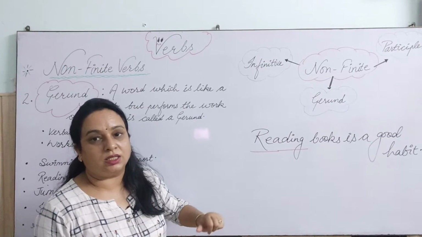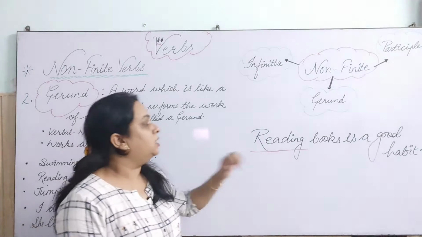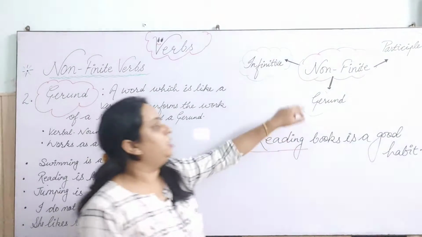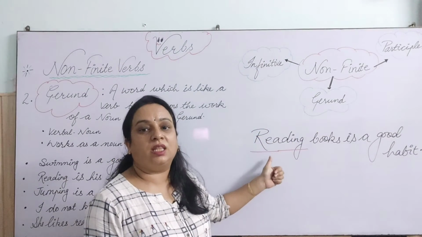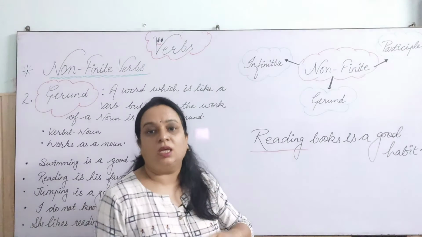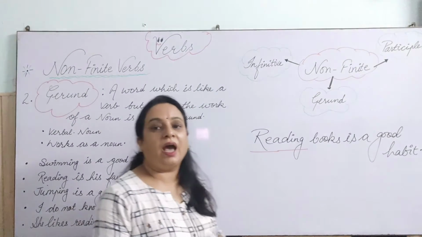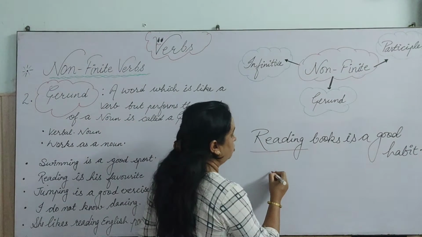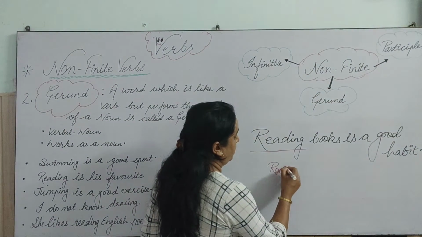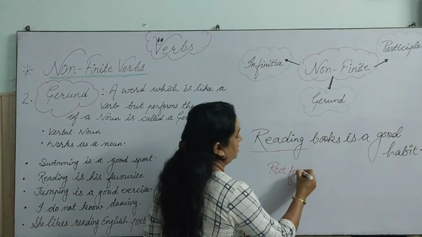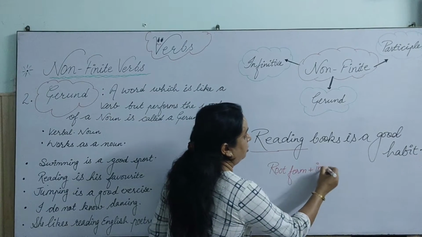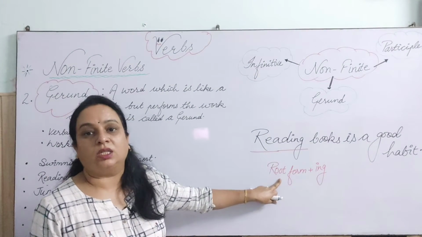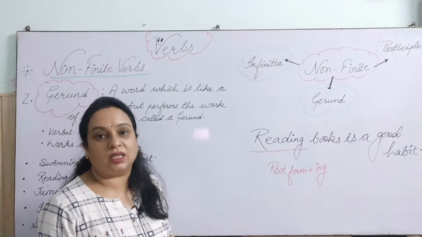In the sentence, this reading books is a good habit, and we learned that the gerund works as a noun in the sentence. So that is having ing form also. And what is the formation? That is the root form, okay, or the base form, plus ing form. So this will work as what? This will work as noun in the sentence.